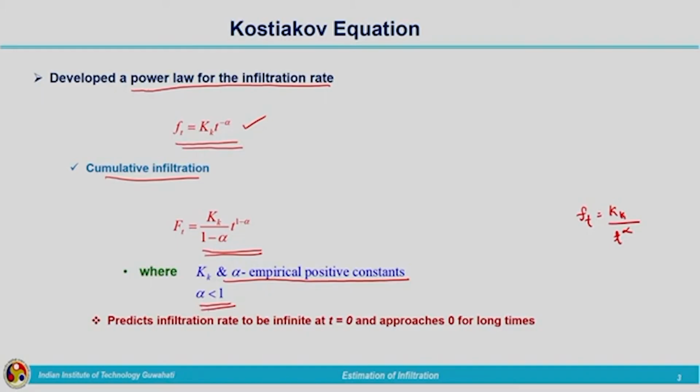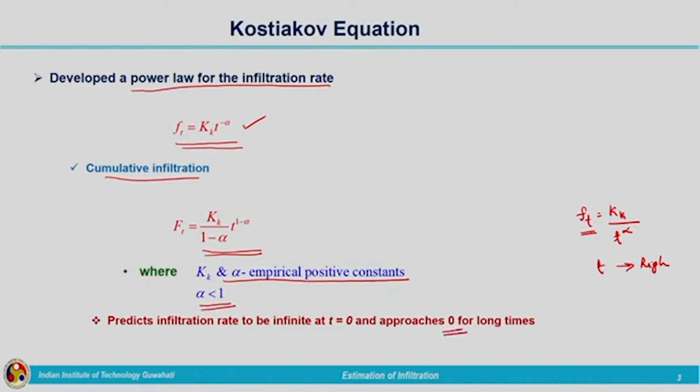In this case, when the time is infinite, that is for long times, when t is very high, what will be the condition? In the denominator we will have a very high value, so f of t approaches 0.